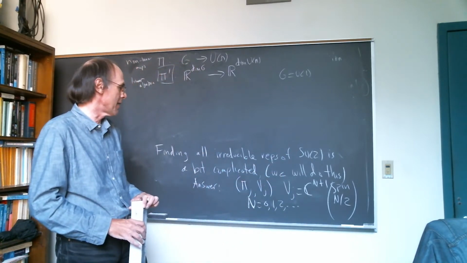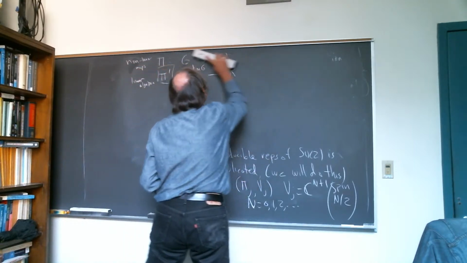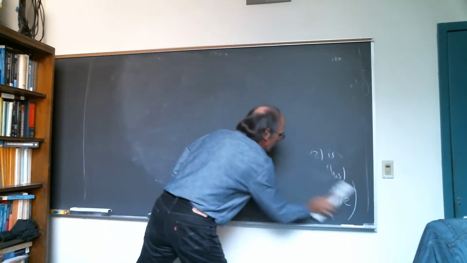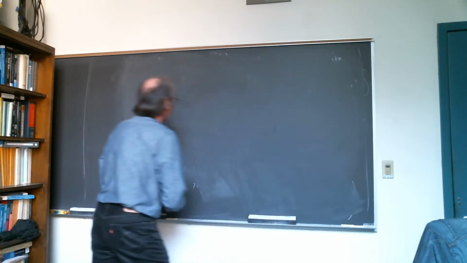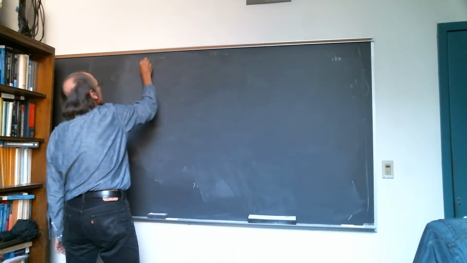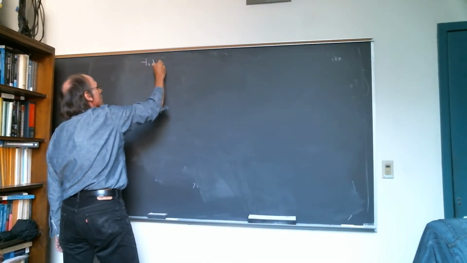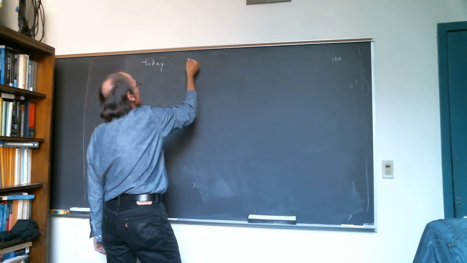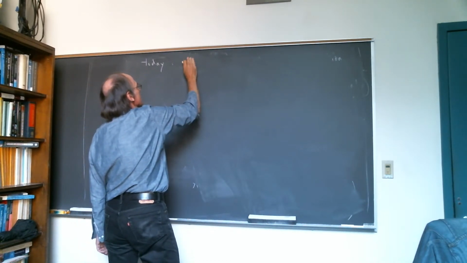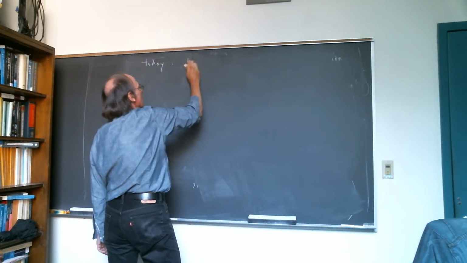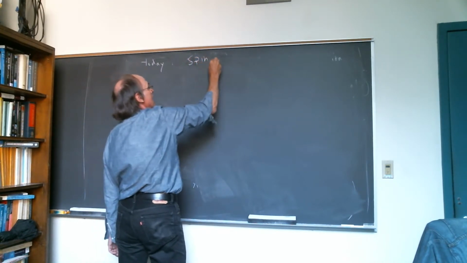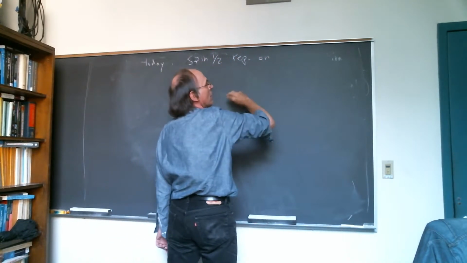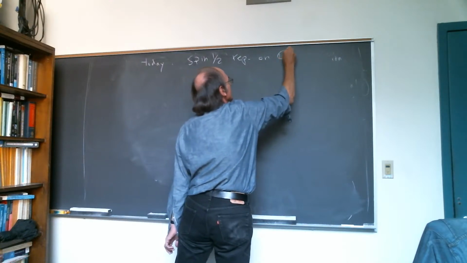So what we're going to do today, though, from representation theory, is the simplest one, which has the fancy name of the spin 1/2 representation on C2.